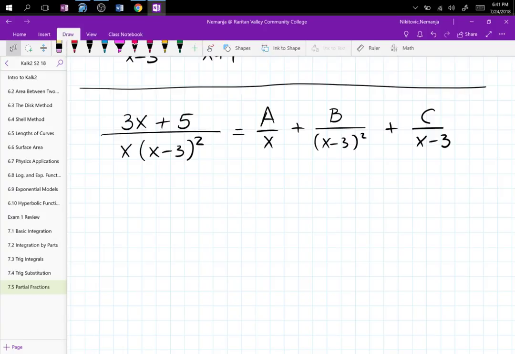Now, the way we do this is we play the game of what's missing for common denominator, because this is your common denominator. So what's missing in these equations? Well, this one is missing x minus 3 squared. This one is missing x, and this one is missing x times x minus 3.